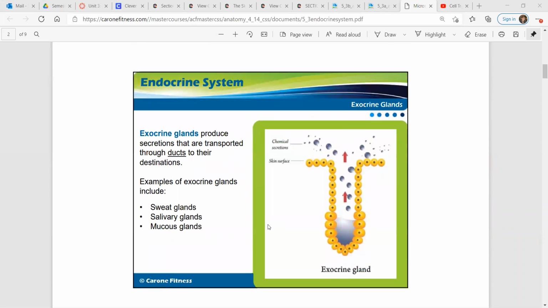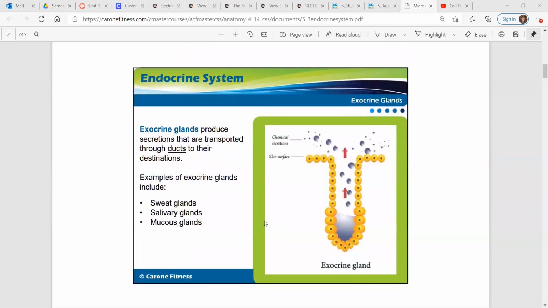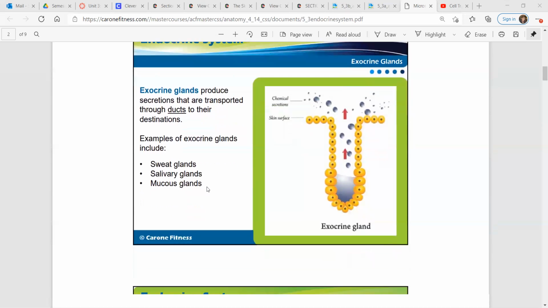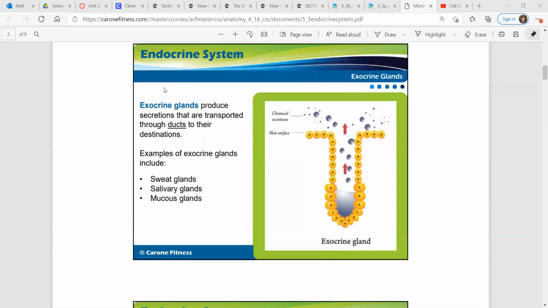Exocrine glands produce secretions that are transported through ducts to their destination. Examples of these types of glands are sweat glands, salivary glands, so saliva in your mouth, and mucus glands. So think of exocrine and ducts.